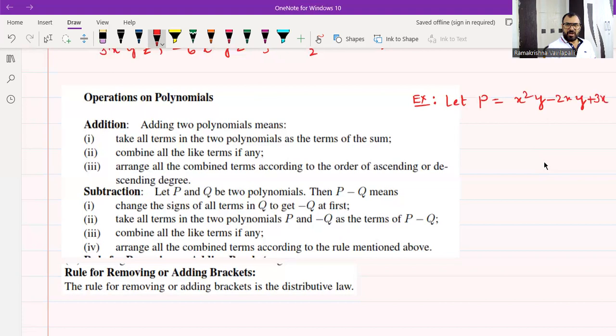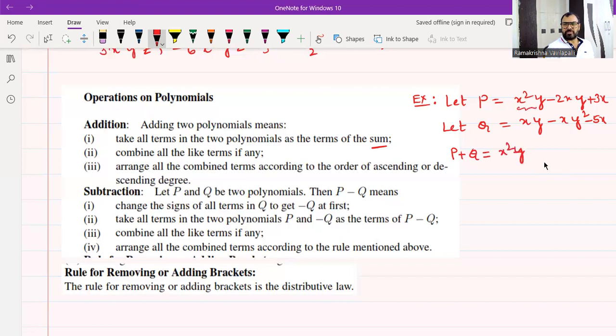Now let us take q equal to xy minus xy square plus minus 5x. You take this. Okay. So take all the terms in the two polynomials as the terms of the sum. Combine all like terms if any. So if we want to ask what is p plus q, here you see x square y is the first term.